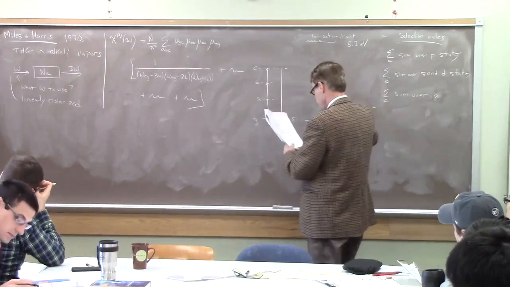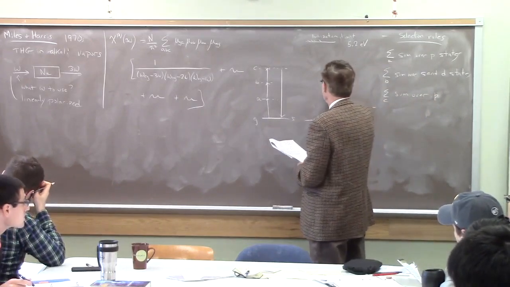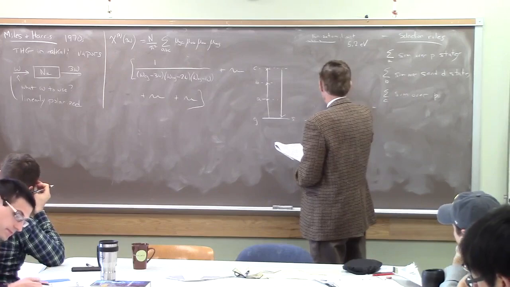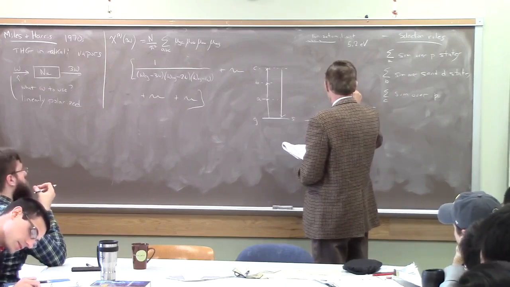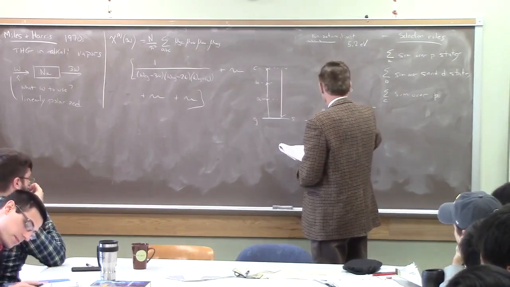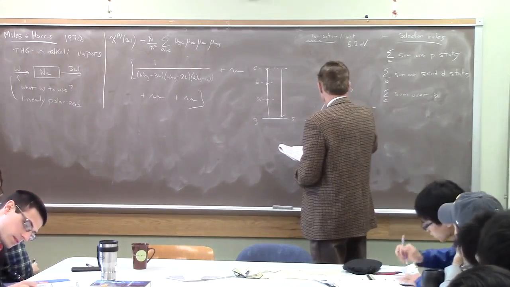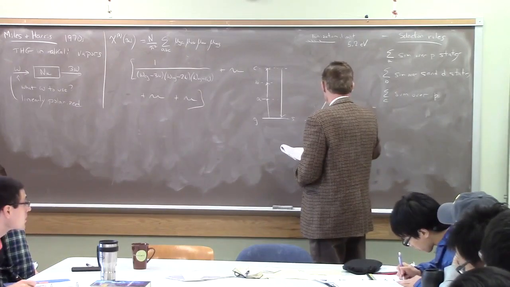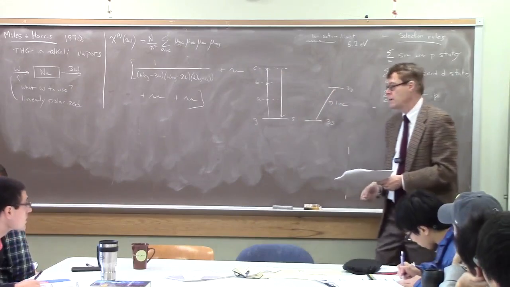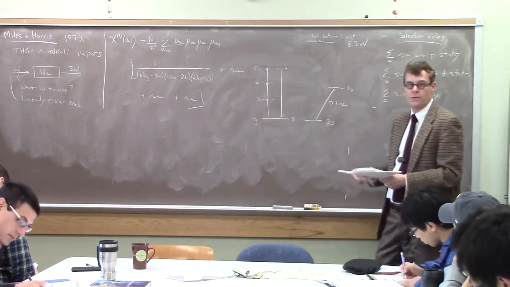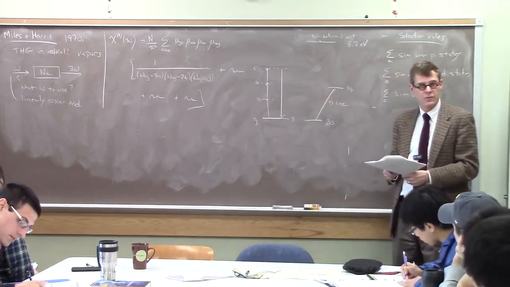So the first excited state is the 3p state, and this is the D line. D line in the sense that Fraunhofer discovered this in the spectrum of the sun.